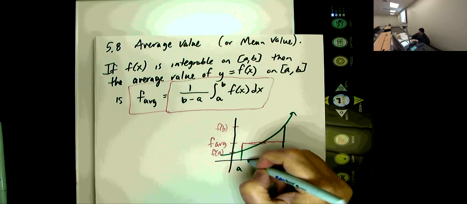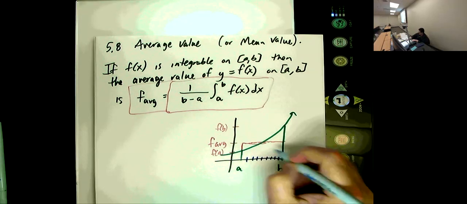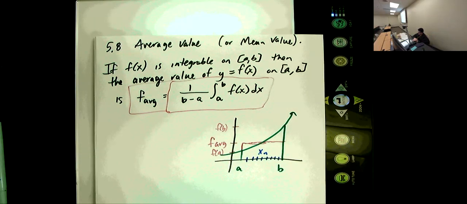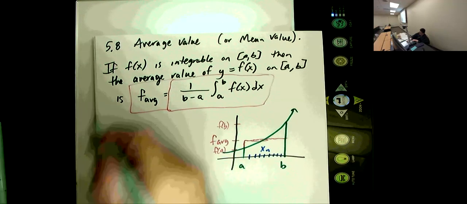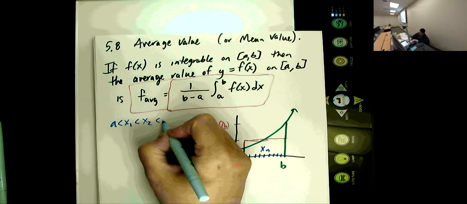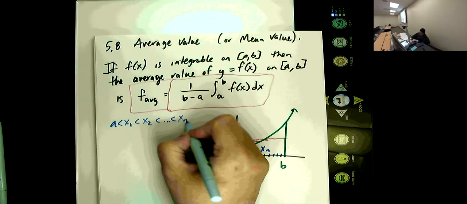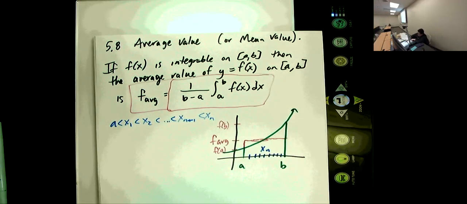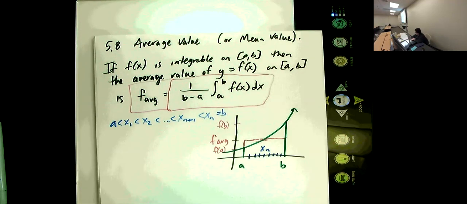We break up a to b into a bunch of partitions, n partitions. So a is less than x sub 1, which is less than x sub 2, which is less than x sub n minus 1, which is less than x sub n, which is b.